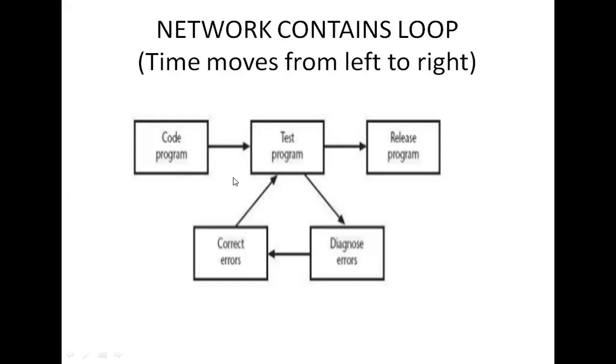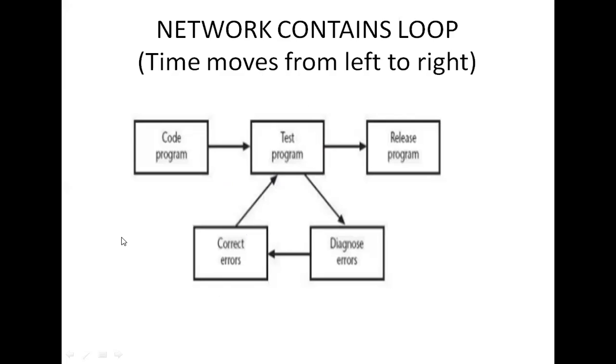So this is code and program. See in this figure, it suggests that program testing cannot start until the errors have been corrected. The program testing will start only when there are no errors in the program.